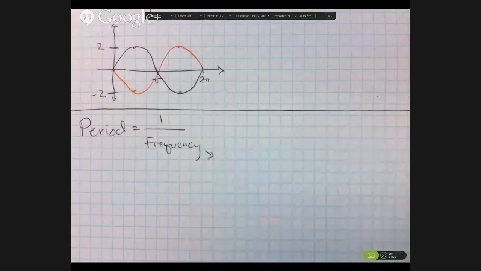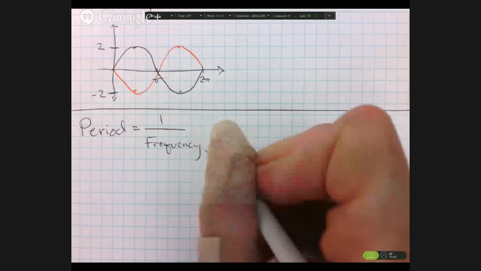Okay, a sound wave moves, right? Moves past your eardrum, makes it vibrate. Okay, the frequency is the number of periods or number of cycles per second.